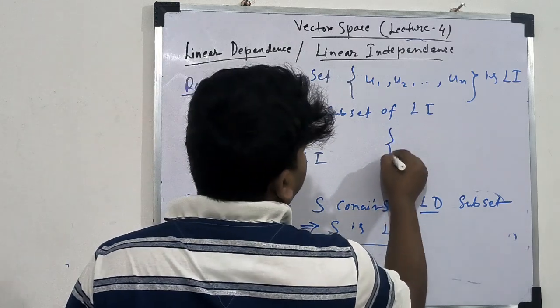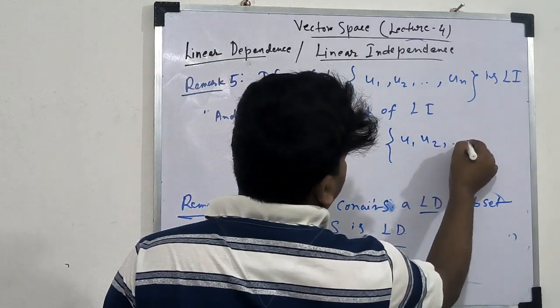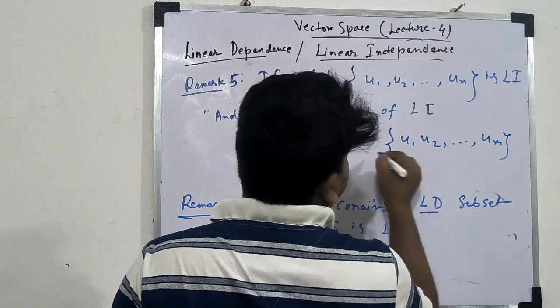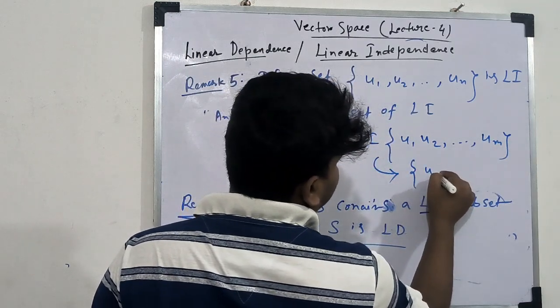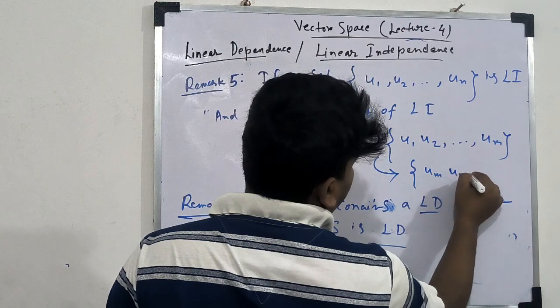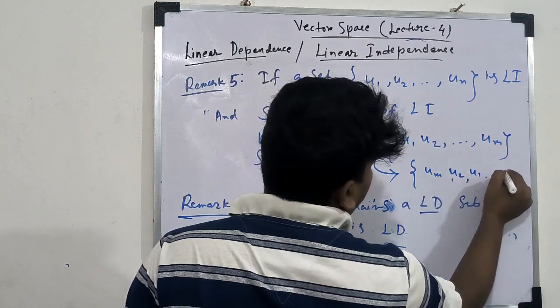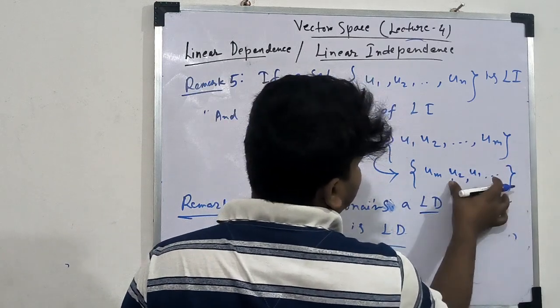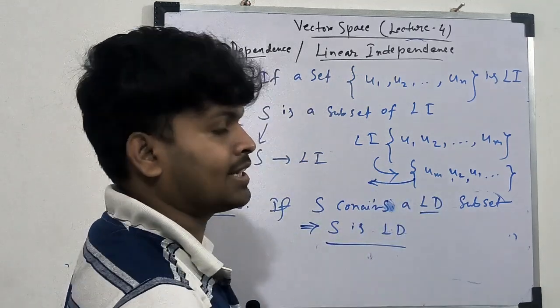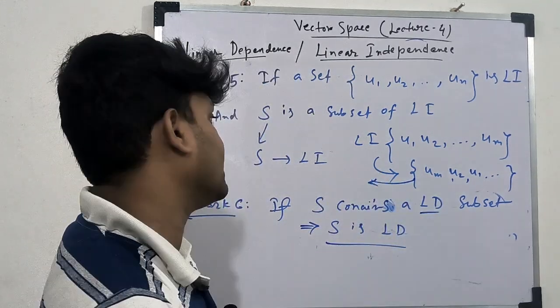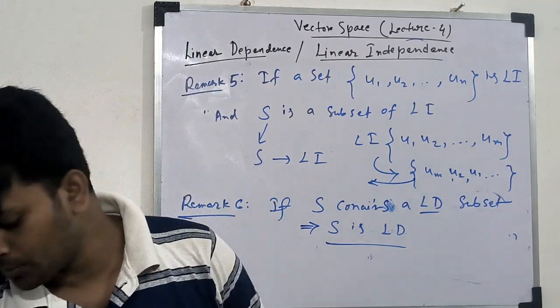And also if u1 u2 dot dot um is linearly independent, then any rearrangement, so if you write um here, u2 u1, with the number of elements the same as here, then this rearrangement of a linearly independent set is also linearly independent. So these are the important remarks.